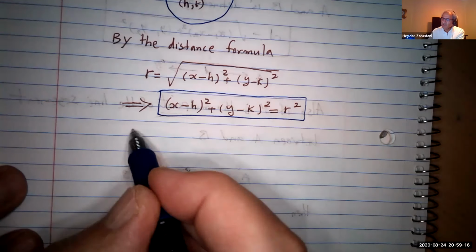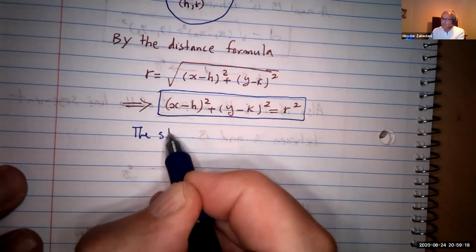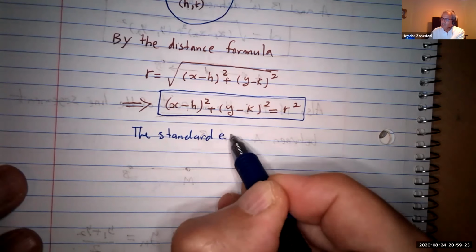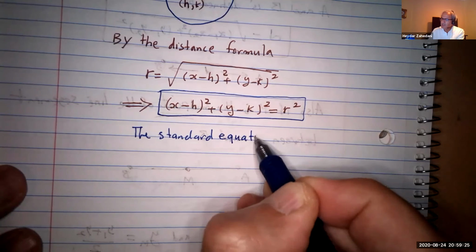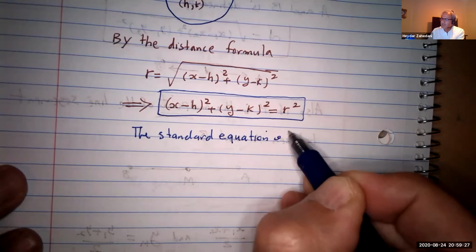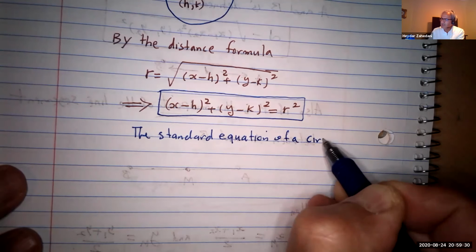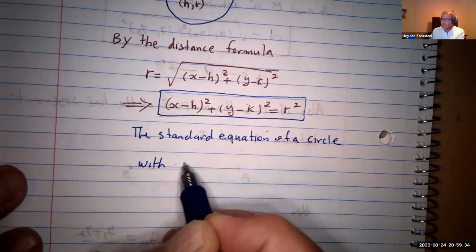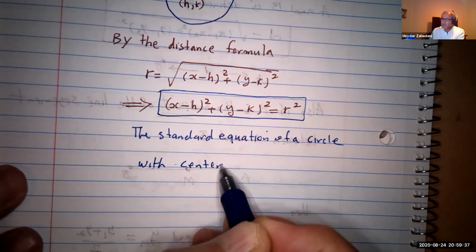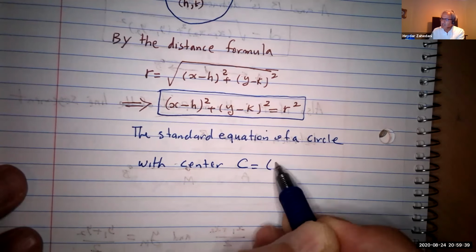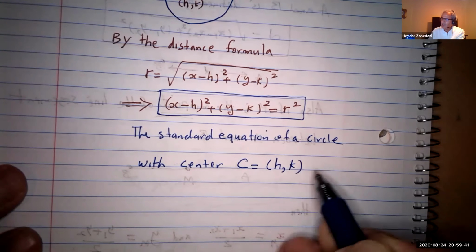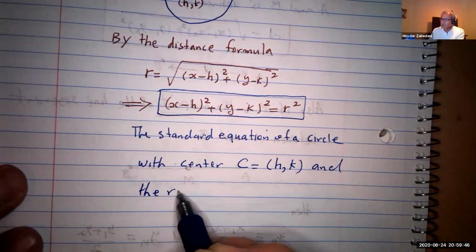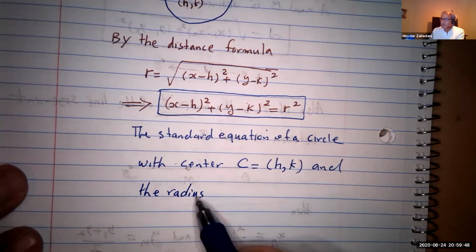We call this the standard equation of a circle with center C equal to h comma k and radius r.